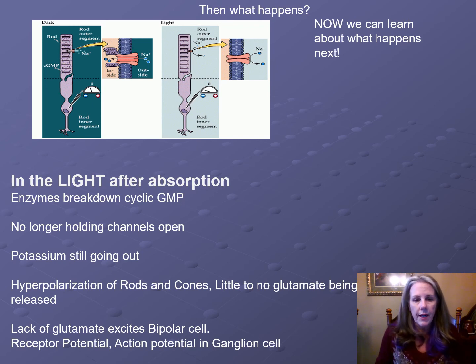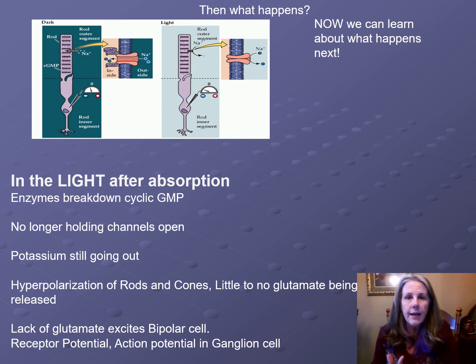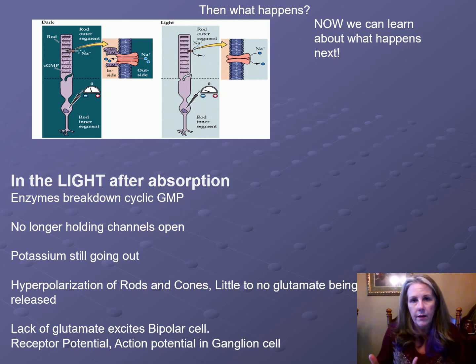So if we're exciting the bipolar cell into having a receptor potential, it is going to, in turn, excite the ganglion cell to depolarize and therefore have an action potential. An action potential in a ganglion cell is our nerve impulse. Once that triggers the action potential in the ganglion cell, our nerve impulse is now sent to the brain. Okay, so now we have a nerve impulse being sent to the brain.